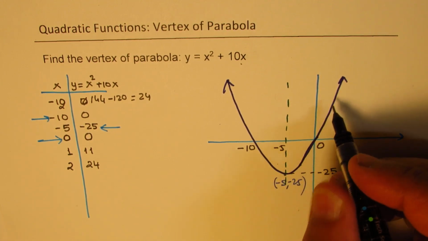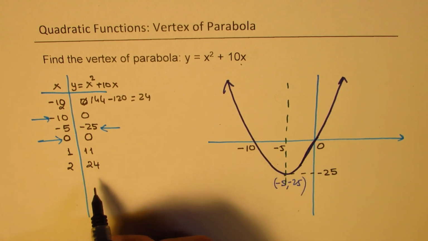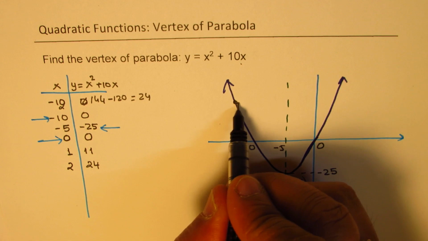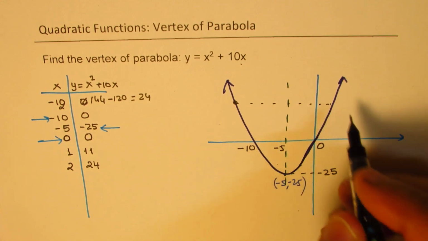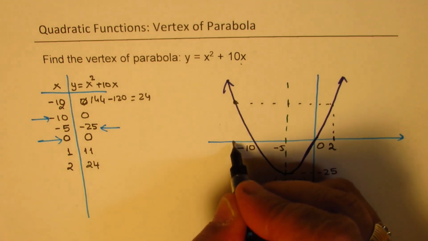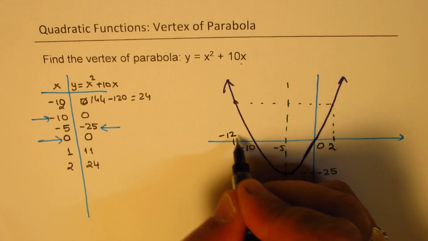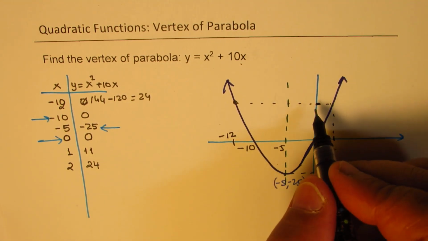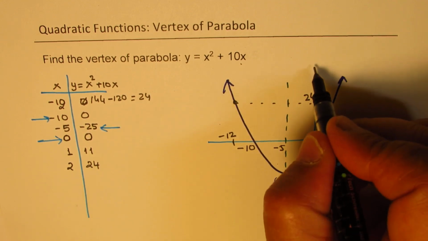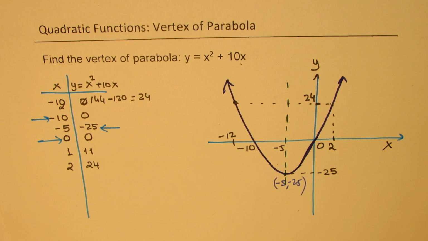At 2, we have 24, and at minus 12, let's say this value is, now here we have this value at 2, and there we have this as minus 12. Is it okay? And this value here is 24. So that's a y value, and this is the x value.